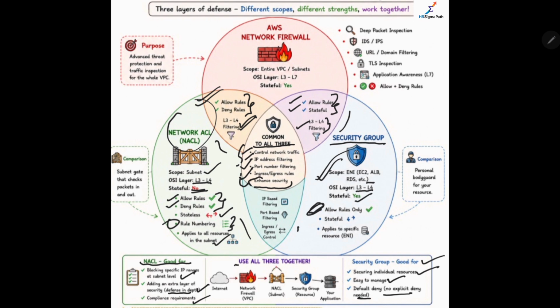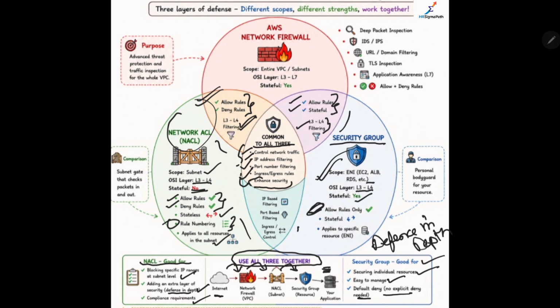In the center, the diagram shows the recommended traffic flow. Traffic enters from the internet, passes through the AWS Network Firewall, then Network ACL, then security group before finally reaching your application. This layered approach is known as defense in depth, where multiple security controls work together instead of relying on just one.